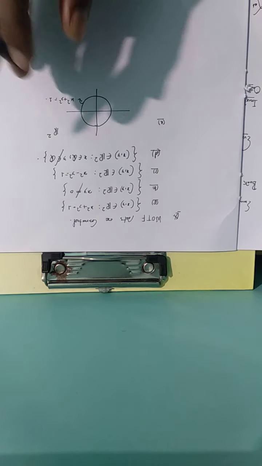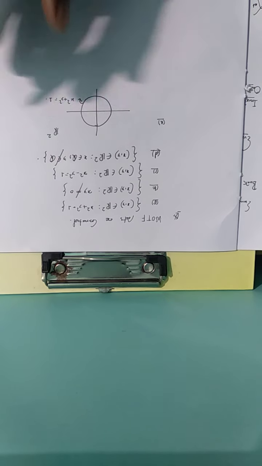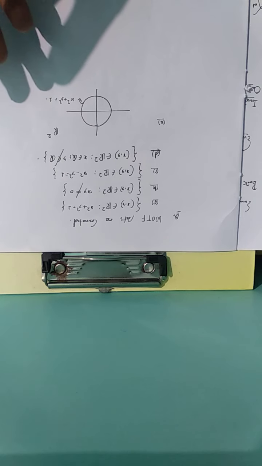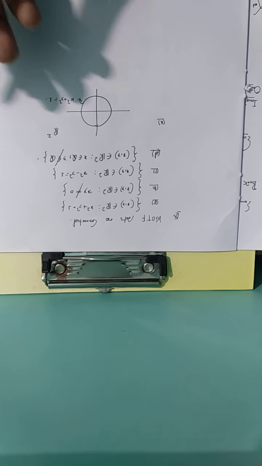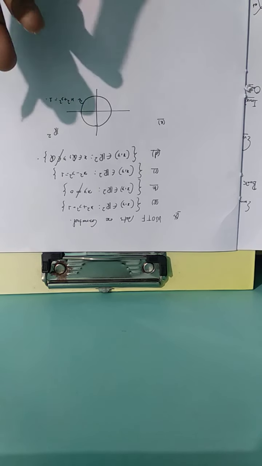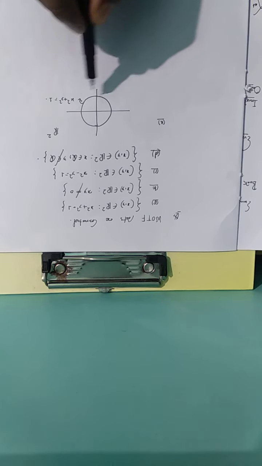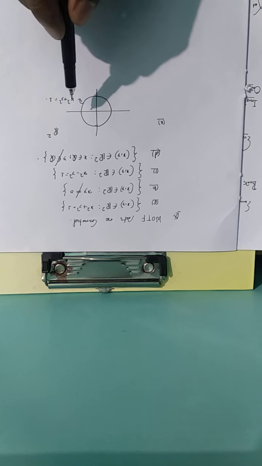So if you draw the graph, from the graph you can say whether it is a single piece or not, whether it has only one connected component or more. If the connected component is only one, then that set is connected, and if there are two or more, then obviously it is disconnected. So obviously that is the connected set.